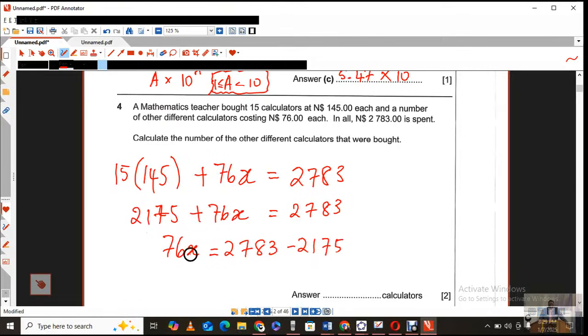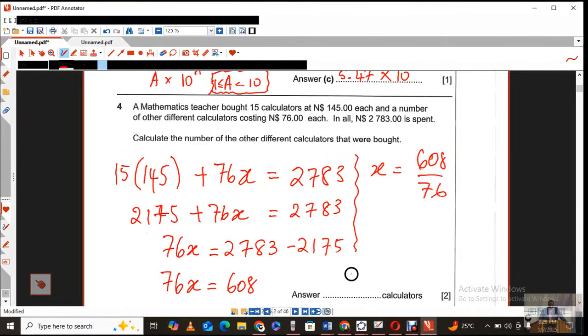Of course, this leaves you with 76x equal to 608, and the number of calculators, if you were to continue, x would be 608 divided by 76. Of course, that gives you nothing but 8 calculators.